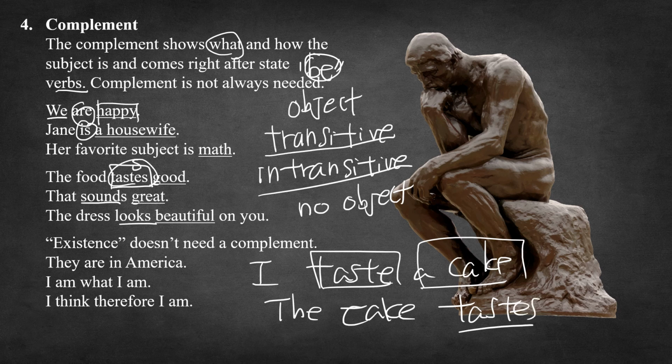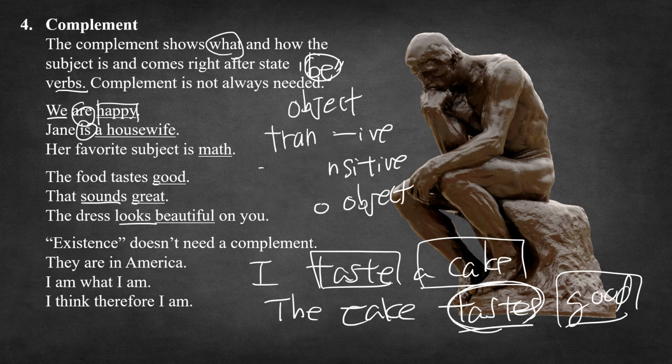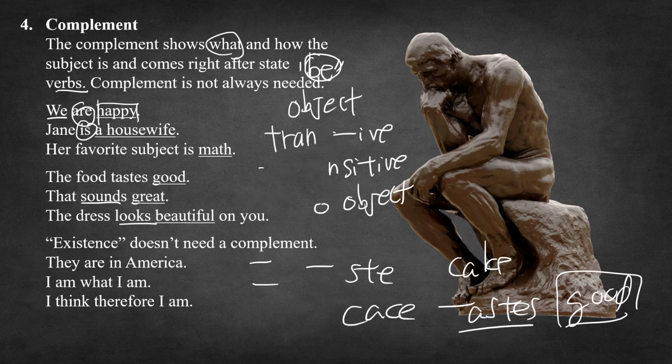Same taste, but this taste is intransitive, so it doesn't take an object, instead a complement. Here, this one, just the same. The food tastes good. The food cannot taste anything, right? So this is intransitive, and good is the complement.